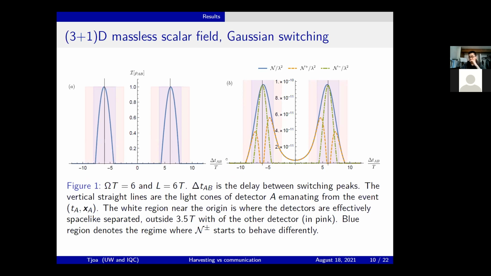And this is actually interesting because if you look at the second plot in figure B, what you see is when the communication-based one starts to dominate. So the blue region I plot here is a way to visualize when the behavior of the N plus and N minus starts to change.